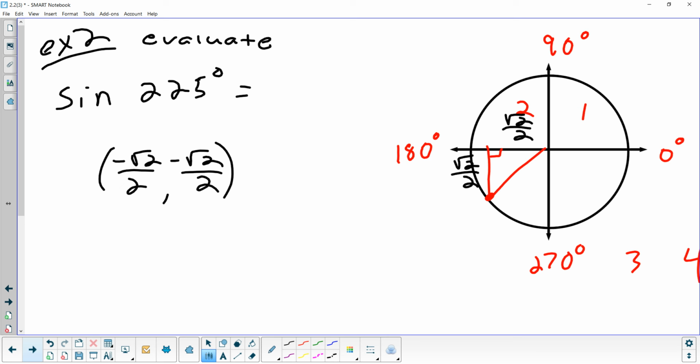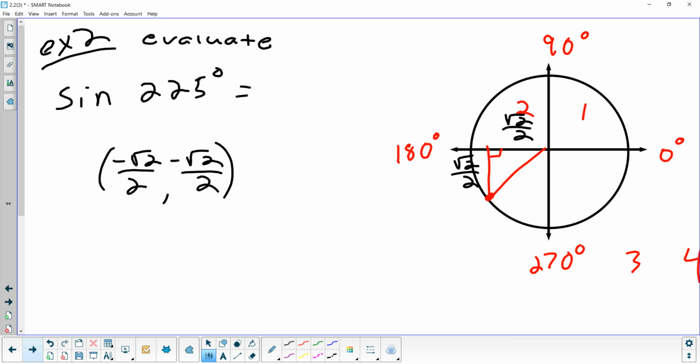All right, so then my sine in this case is what? So what's the definition for sine? Sine equals what letter?